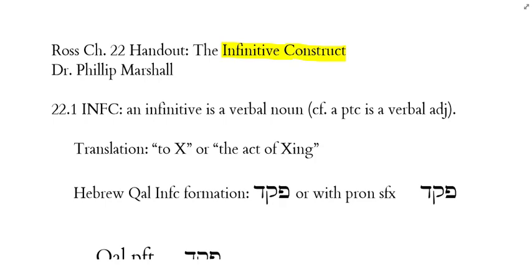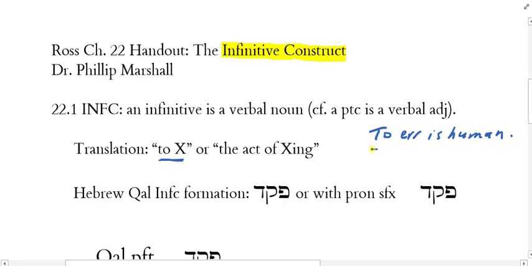Now, in English, we have infinitives, and we typically render an infinitive with the form "to" plus whatever the name of the verb is. So "to eat" is the infinitive form of eating. To drink, to be merry. Those are all infinitives. Think about the saying, "to err is human."